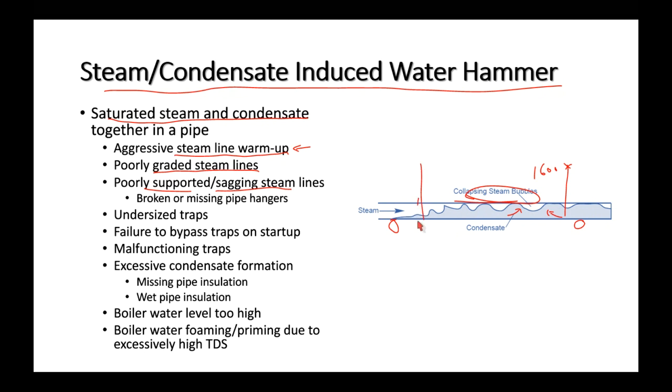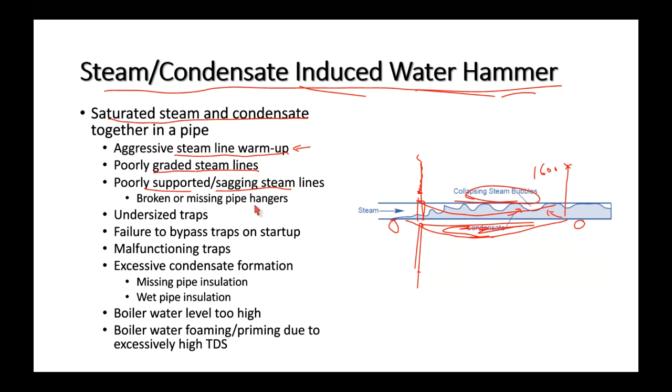Or if we've got a pipe hanger that has come loose and it's just dangling, the hanger rod is hanging below the pipe. In either one of those situations, we get sagging, and the sagging makes an area for condensate to build up. And if we don't happen to have a trap there, then what we have is a location where water hammer can occur.